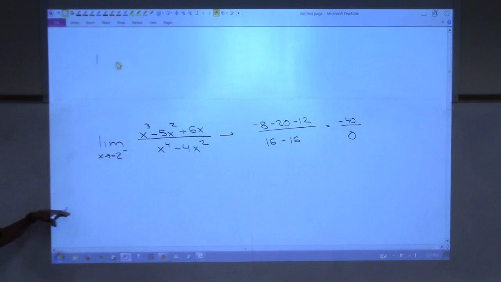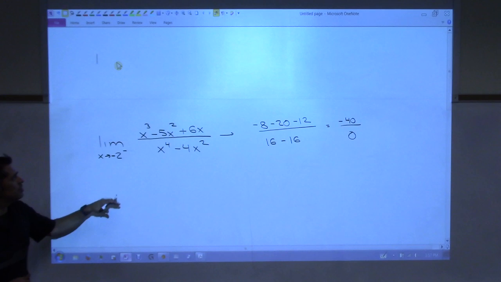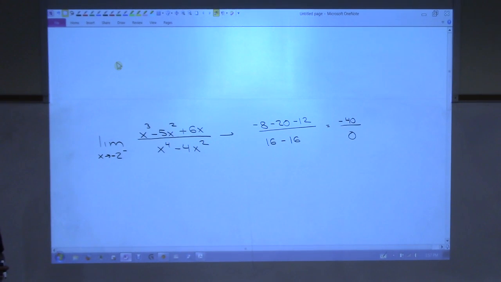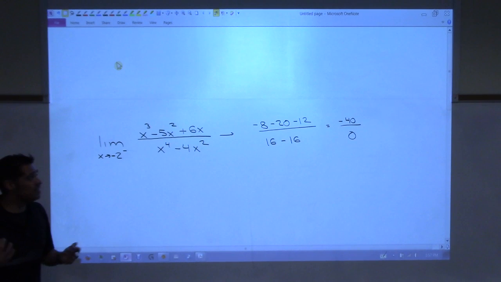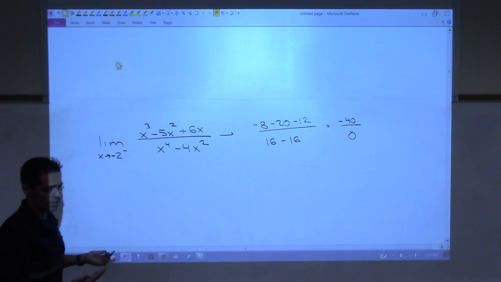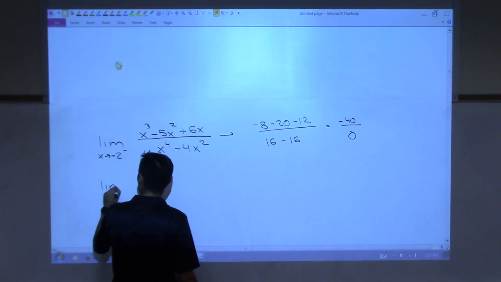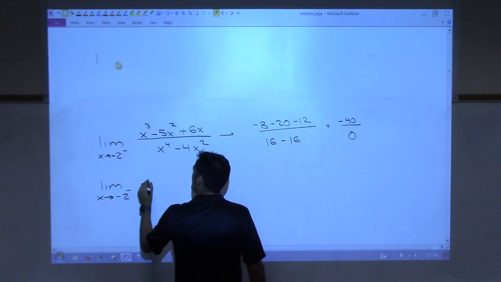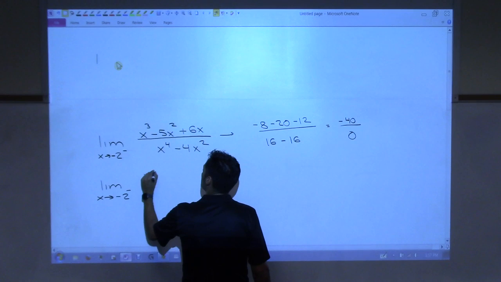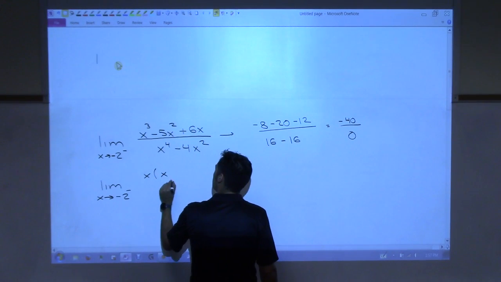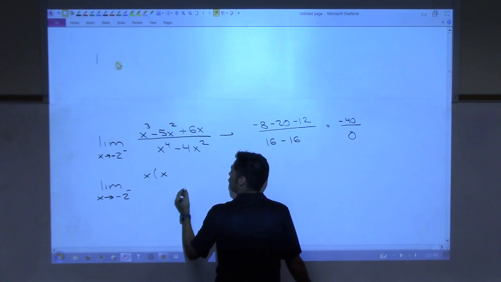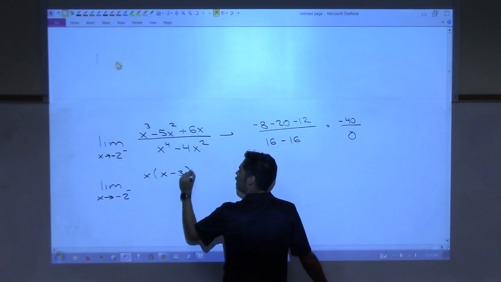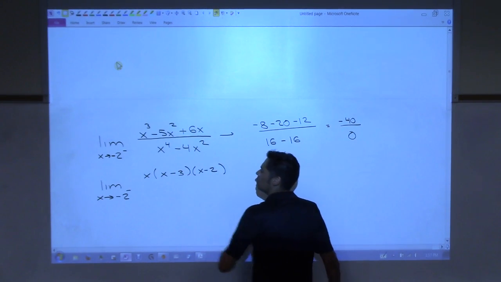Now, I could do a number line right now. I could start plugging in test points and figure out what happens. But it might be easier if we see that we can do some factoring first. Let's just work on it algebraically. This is just to see if we can clean it up. The top is x times x squared minus 5x plus 6, which factors as x minus 3, x minus 2.